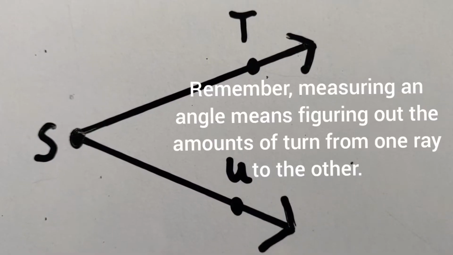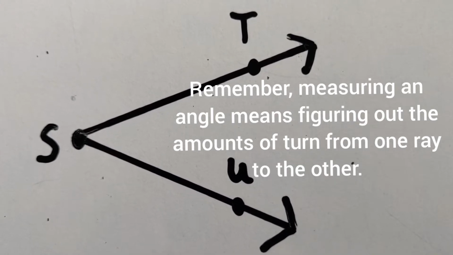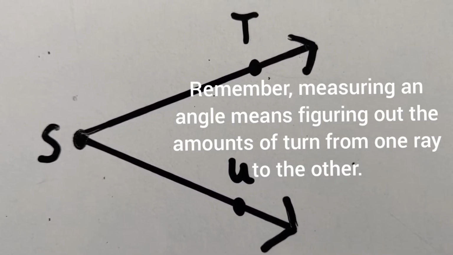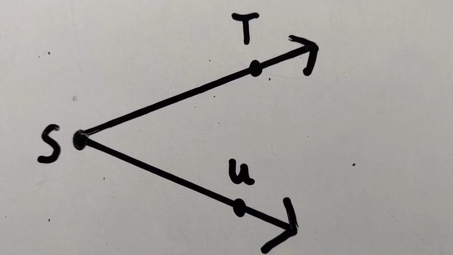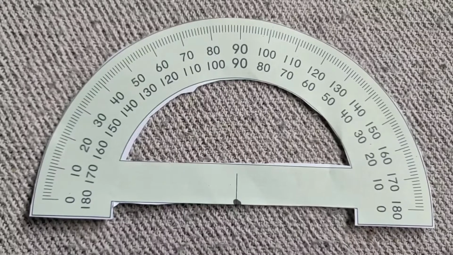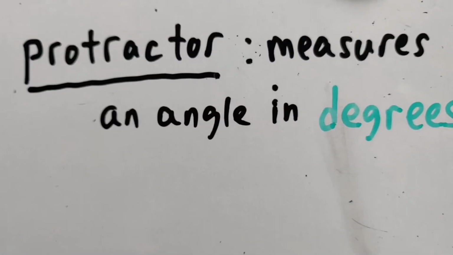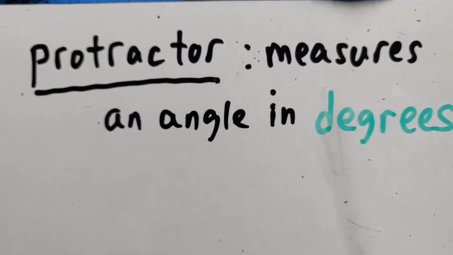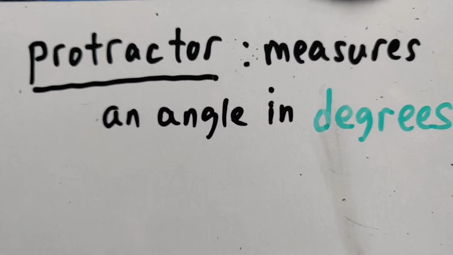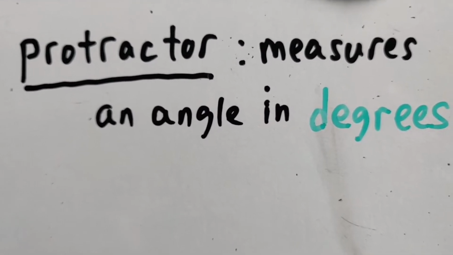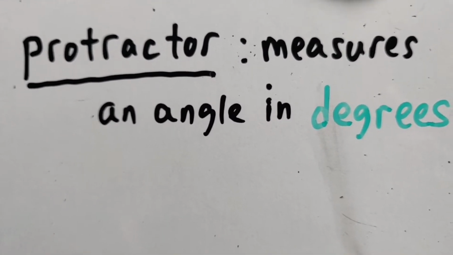And later in this video, we're going to learn that to measure an angle, we use a tool called a protractor that looks like this. And that's how you spell protractor. A protractor is a tool that measures an angle in what we call degrees.